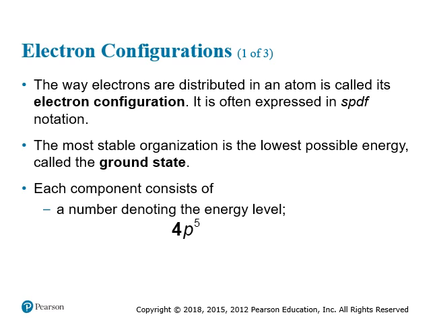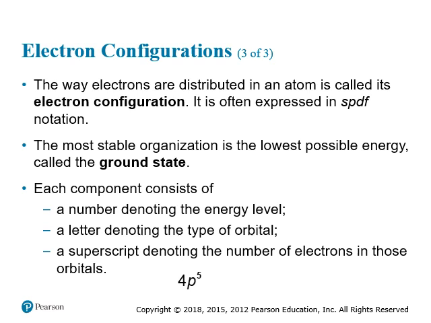Each component of SPDF notation consists of a number referring to the energy level, a letter speaking to the type of orbital in that energy level, and a superscript which speaks to the number of electrons that can be found in that particular orbital.